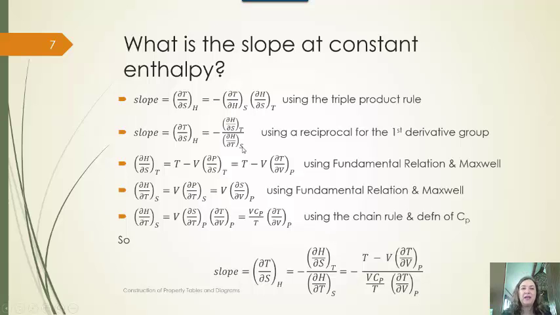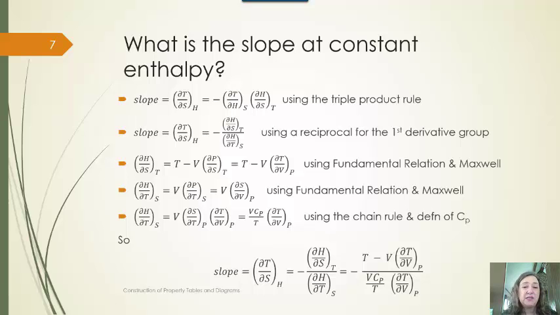Then I'm going to try and simplify these, looking at one of them at a time. Let's look at the numerator, dH/dS at constant temperature. Well, dH is equal to T dS minus V dP. If I take the derivative with respect to S, dS/dS is going to be 1, so I get T for the first term, minus V times dP/dS at constant temperature.